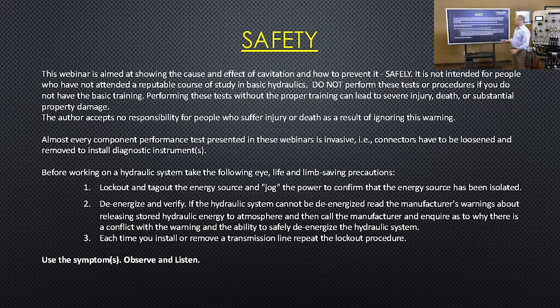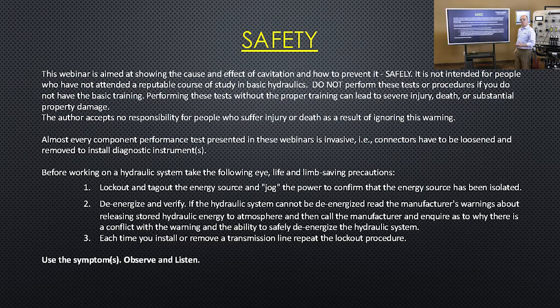Next, de-energize and verify. If the hydraulic system cannot be de-energized, read the manufacturer's warnings about releasing stored hydraulic energy to the atmosphere, and then call the manufacturer and inquire as to why there is a conflict with the warning and the ability to safely de-energize the hydraulic system.